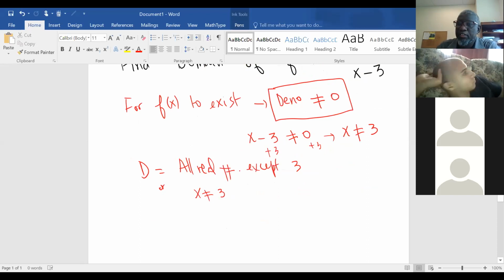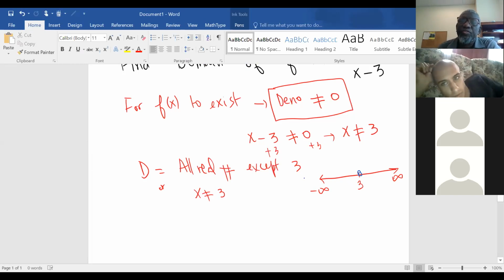Or more importantly, how to write this as an interval. If this is my number line, negative infinity, infinity, okay, I have 3 somewhere. It's everybody except for 3. How can I write this as an interval? Can somebody tell me?